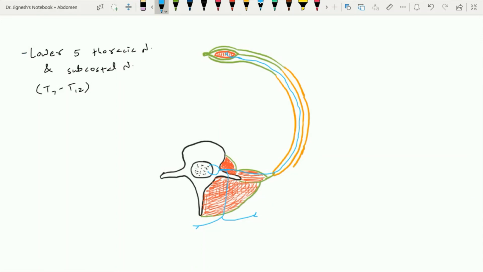After supplying the rectus abdominis muscle, it gives the cutaneous branch, which is going to supply the anterior abdominal wall skin. And at the middle of its course, it pierces the internal oblique and the external oblique muscle and gives one lateral branch. This lateral cutaneous branch provides cutaneous branches to the anterior abdominal wall.